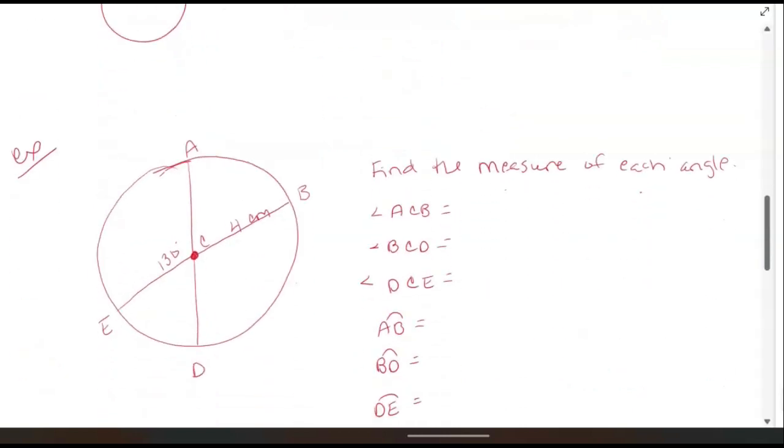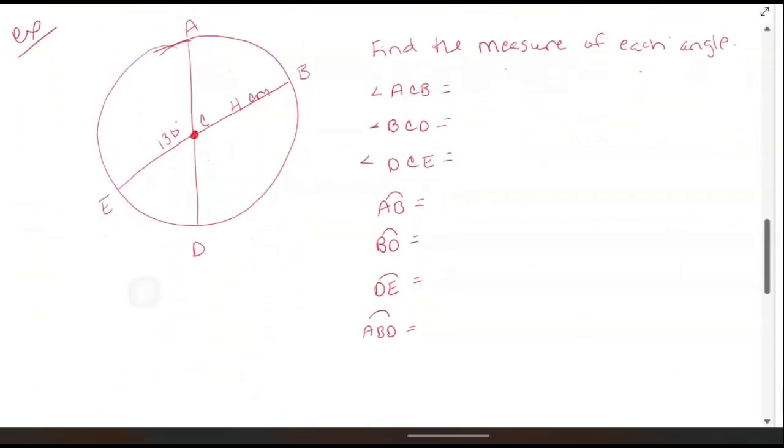All right, so let's jump into a few examples. So we have this circle with center C, and we want to find first the measure of each angle. Since we're in a circle, all of these angles are going to be central angles. All right, so we have this 130 degree angle, and we can see that angle ACB forms a linear pair with angle ACE.